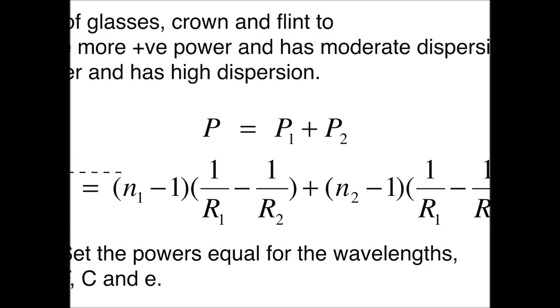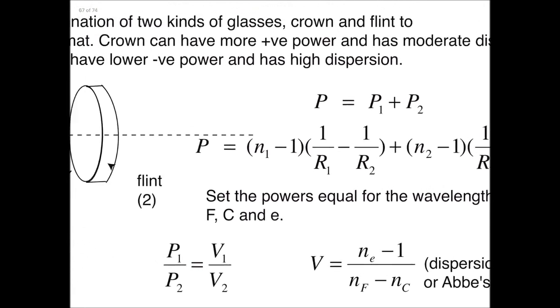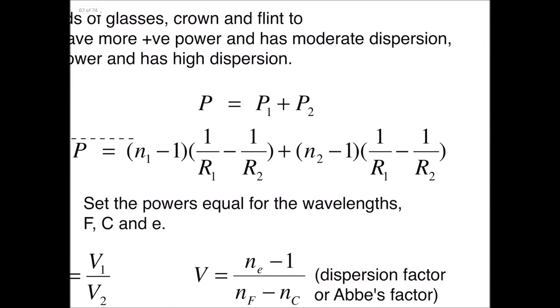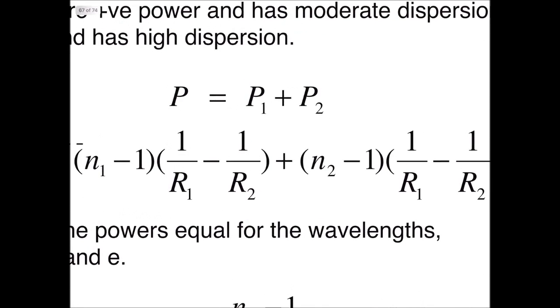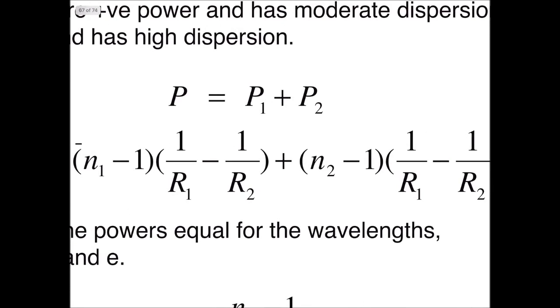That's the same as given here. Imagine the crown and the flint have different refractive indices N1 and N2 and different radii of curvature. You can write the total power as the sum of the individual powers, and each individual power follows from the relationship between the refractive index and the two radii of curvature.